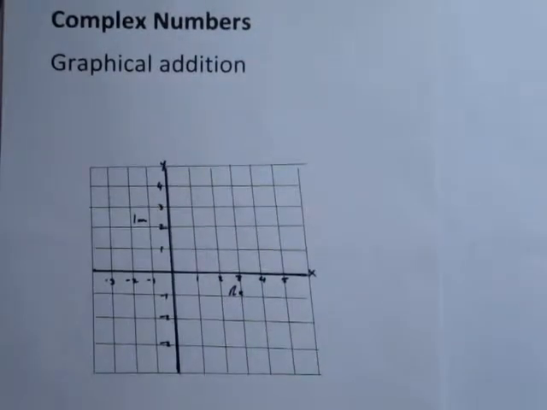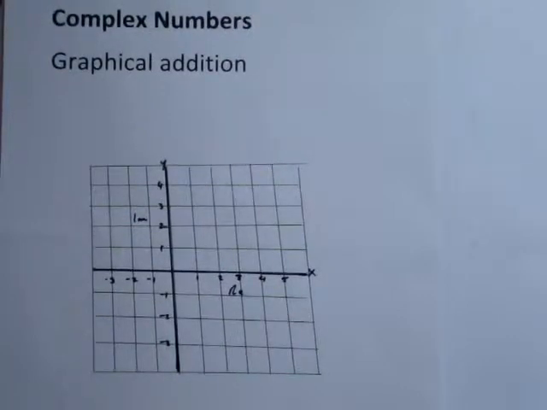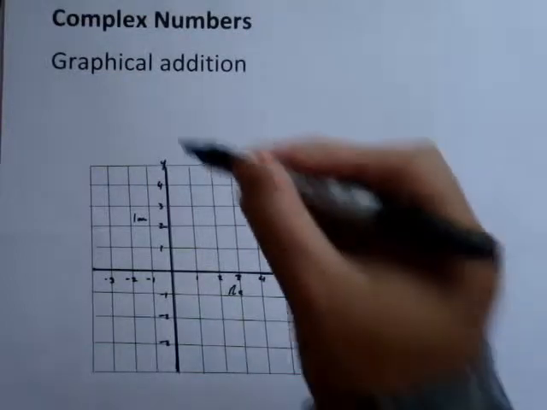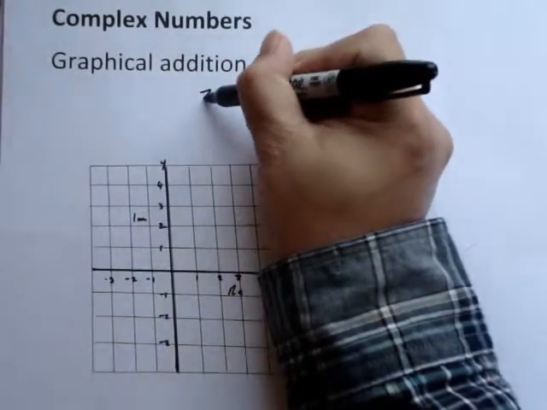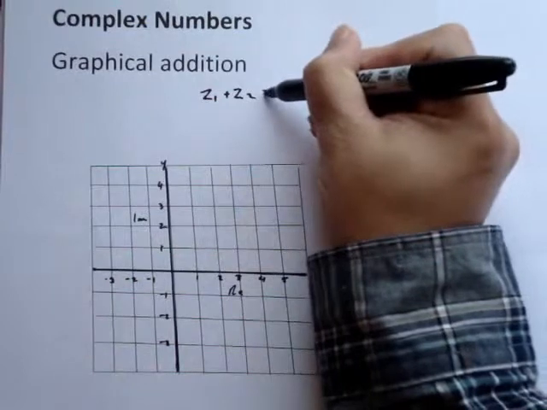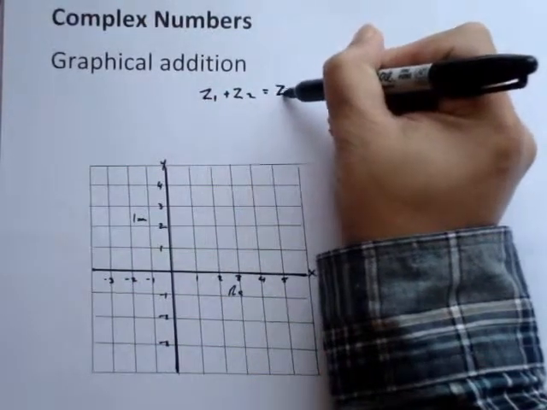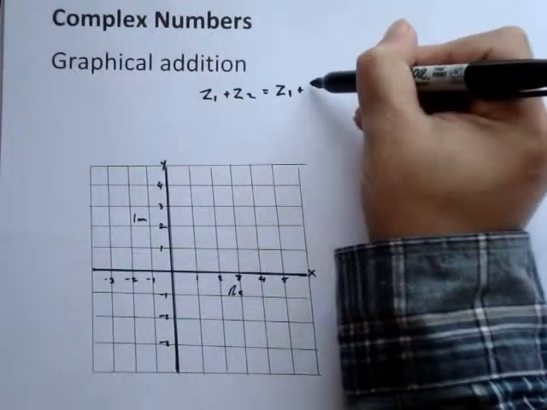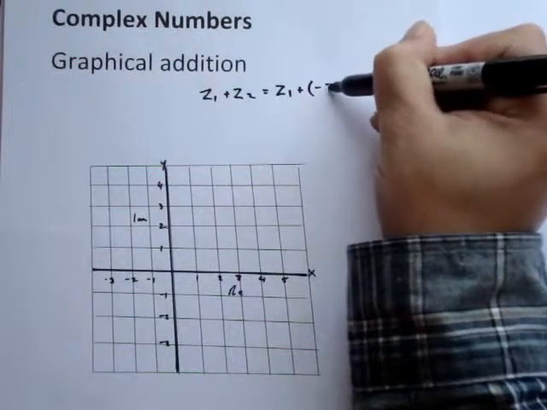Okay, we're going to look at graphically subtracting vectors. We do this by using a little trick and then adding the vectors. So if we want to do z1 minus z2, we say it's going to be z1 plus minus z2.